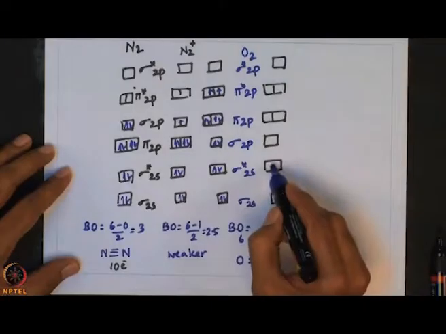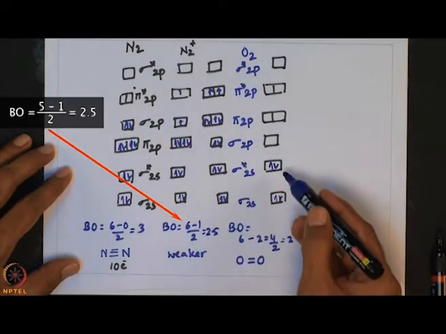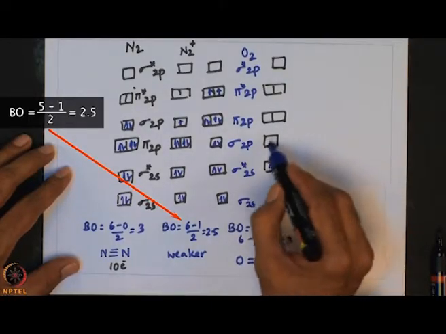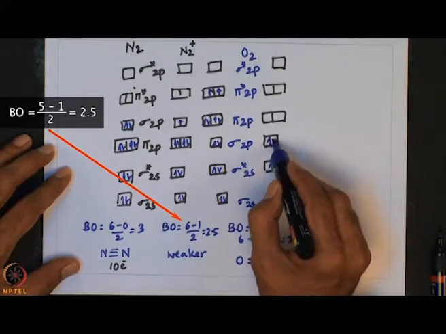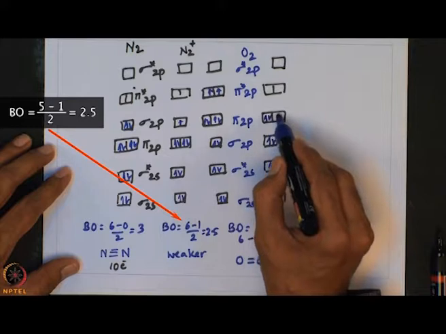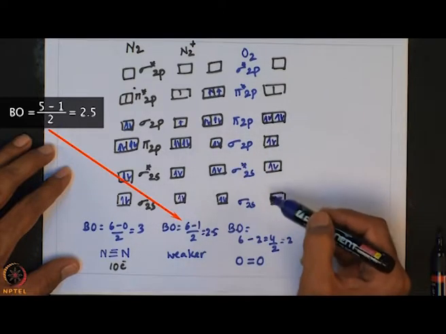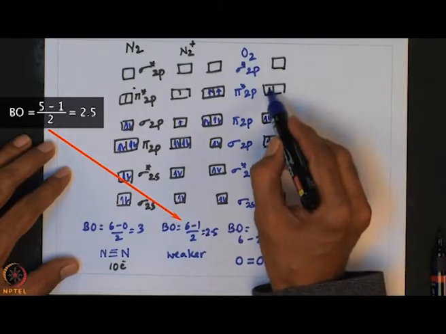Another one is O plus with 1s2, 2s2, 2p3 electronic configuration. So, we have 1 electron less. Let me start filling them in the same order. So, they cancel each other, they are 4 electrons now. Now, you look here, 2 here. So, we have added 10 electrons, and the last electron will come here.